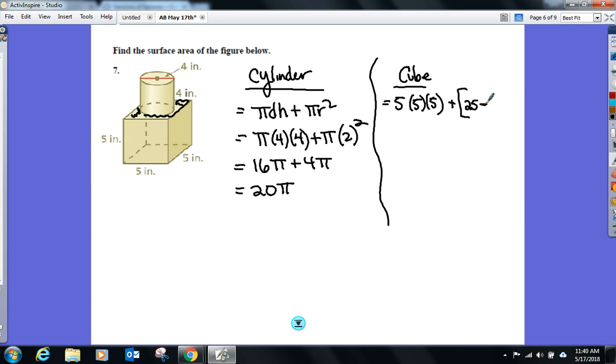What's on top of it? A circle. And what's the area of a circle? Minus pi. What's the radius of that circle? 2 squared. Everyone with me there? 5 faces definitely showing, but the 6th one is going to be the face minus the circle that's on top of it. All right, so let's calculate the cube and add it to the cylinder.